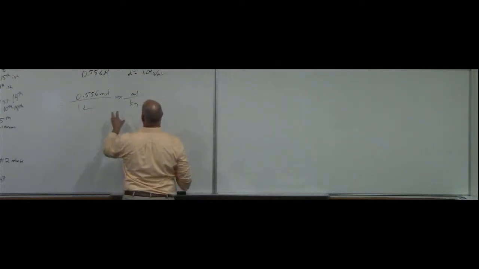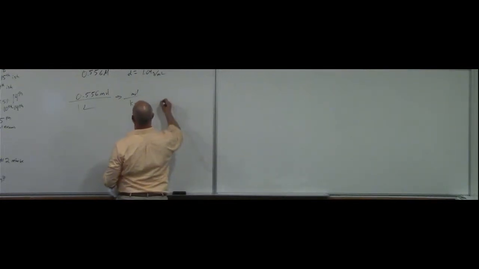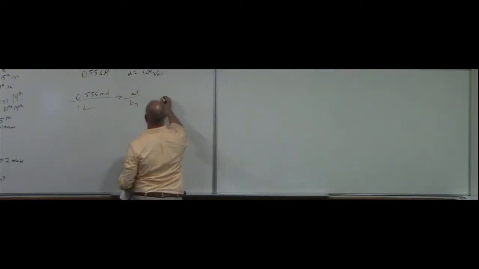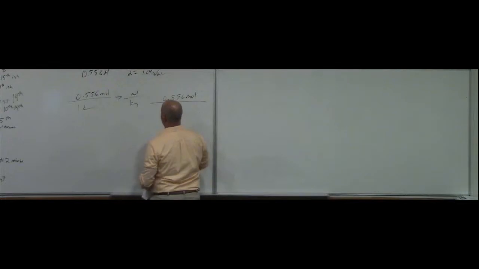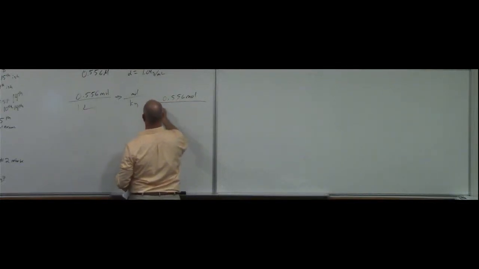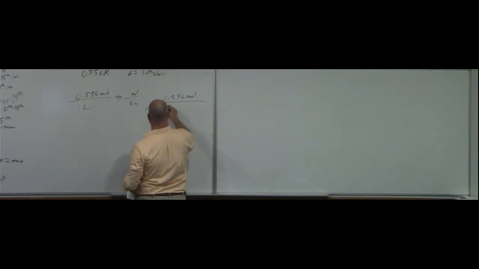So I need to figure out the mass of that liter. Right? So I've got 0.556 moles solute over 1 liter times, we better get into milliliters, right? So I got 1,000 mLs per 1 liter.